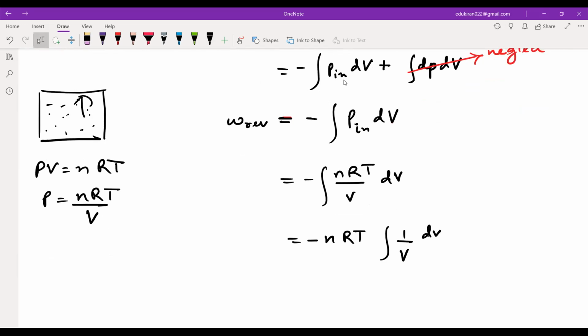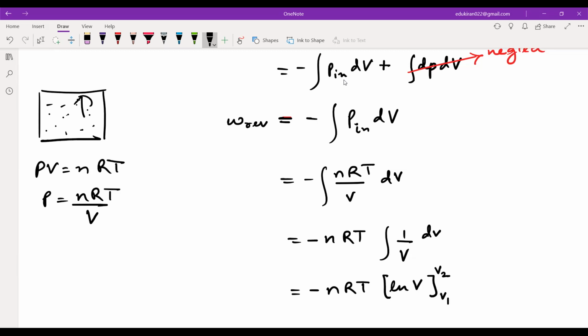And the integration of 1 upon V is equal to what? Tell me, guys. It is the natural log of V. Here you have minus nRT, and then ln of V from V1 to V2, that is, V initial to V final.